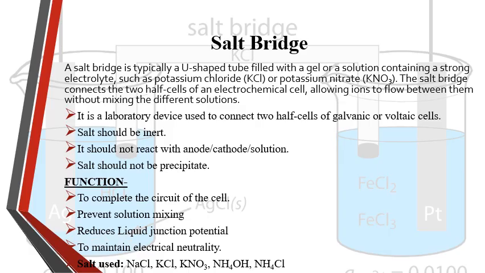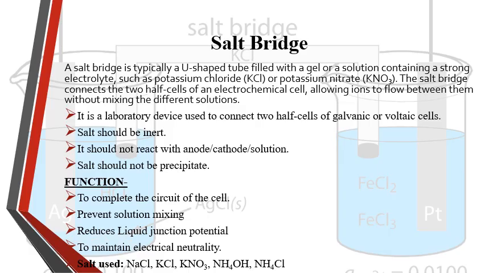The positive ions in the oxidation half cell migrate towards the salt bridge, while the negative ions from the salt bridge migrate into the reduction half cell. This ion exchange through the salt bridge keeps both solutions electrically neutral and prevents charge buildup that could halt the reaction.